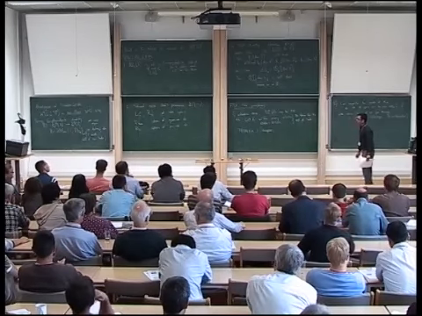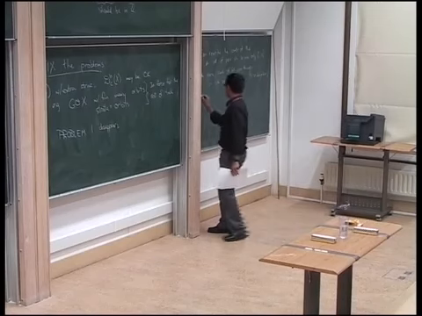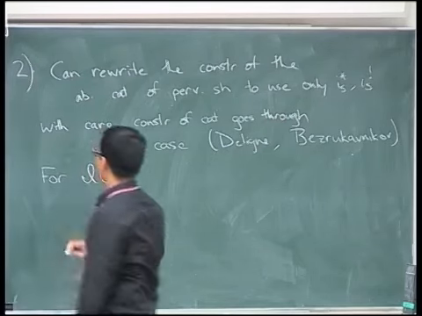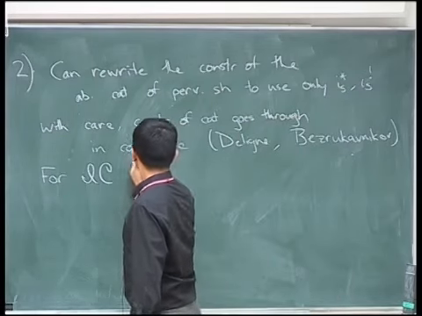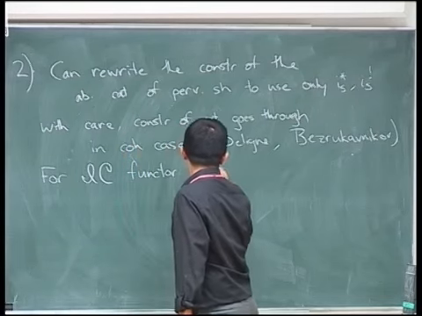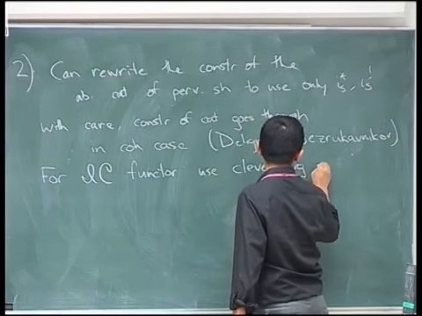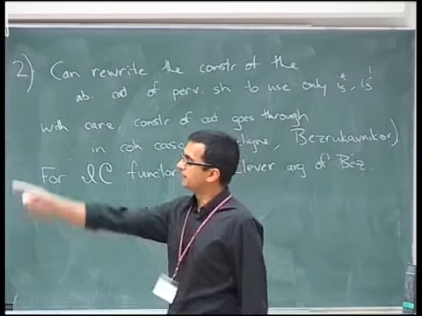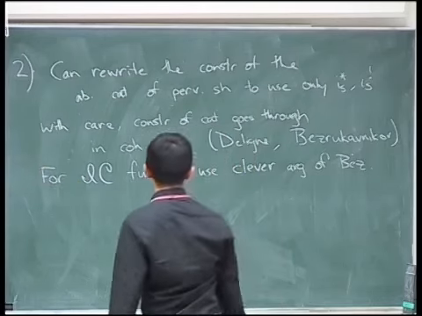But Bezrukhovnikov supplied a different argument to construct this. So I'm going to write IC with script letters for the coherent version of IC. For the IC functor, you can use a clever argument of Bezrukhovnikov, which substitutes adjunction properties with a heavier reliance on the duality functor.